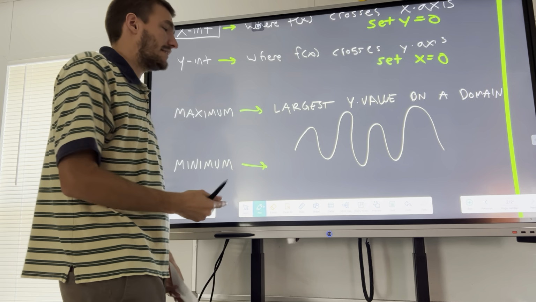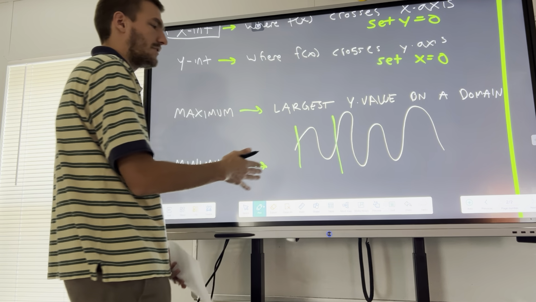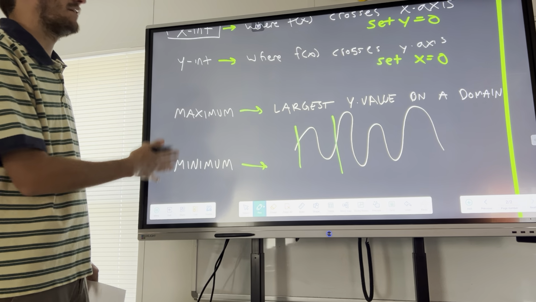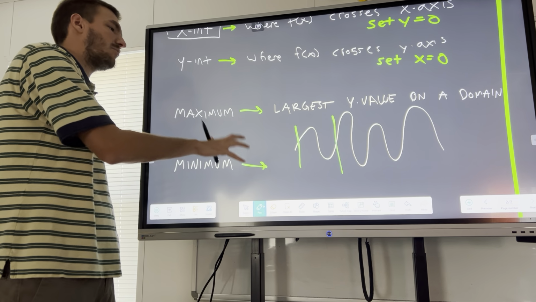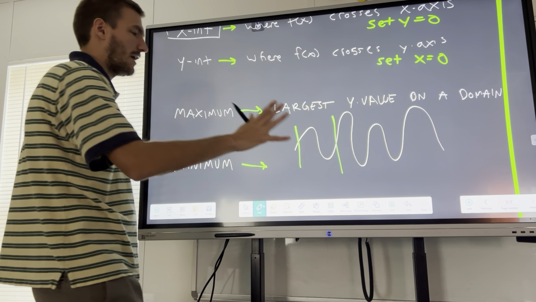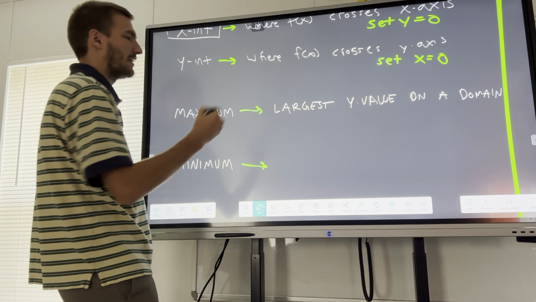So a lot of times in this class, they'll say, here's your function, there is your domain to work with. What is the maximum within this region, within this domain, within this locale? So, of course, a minimum, it's almost a waste of time to write it out, but you guys get it.